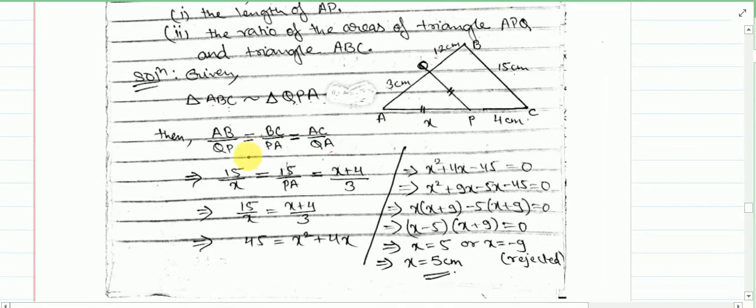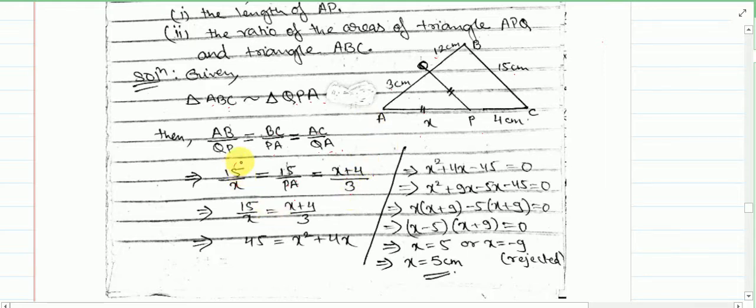Okay, so AB is how much? 15, QP is X, BC is 15, PA is X actually. You can write X over here. Anyway, I am leaving it like this. AC is your X plus 4. Okay, and QA, this is 3.